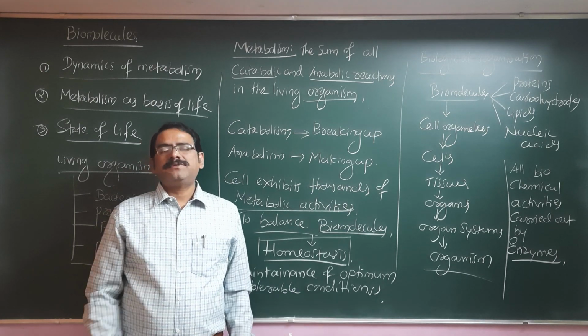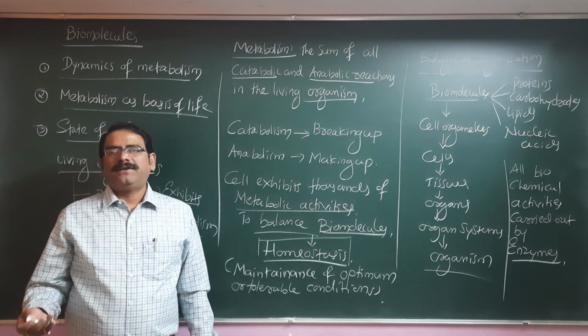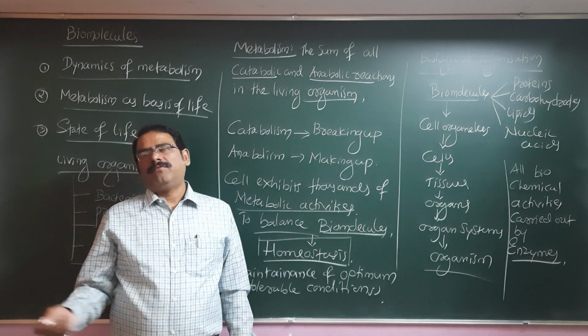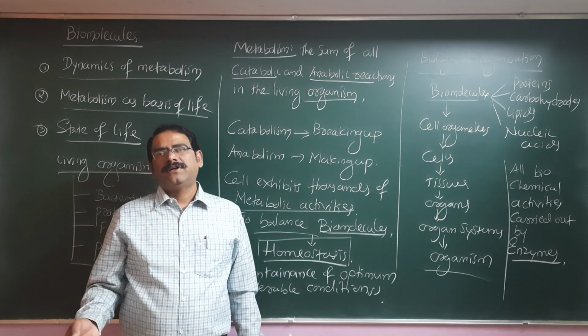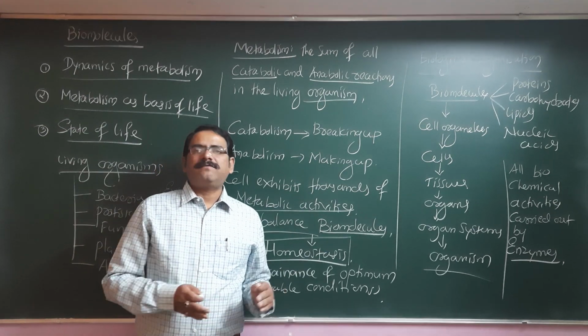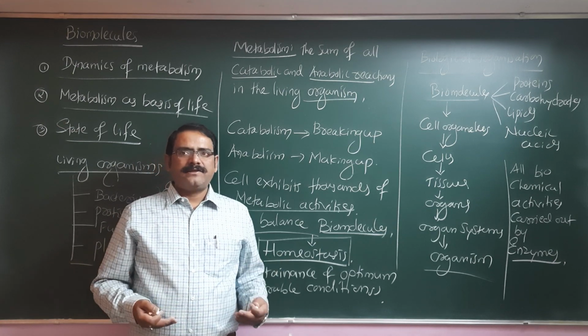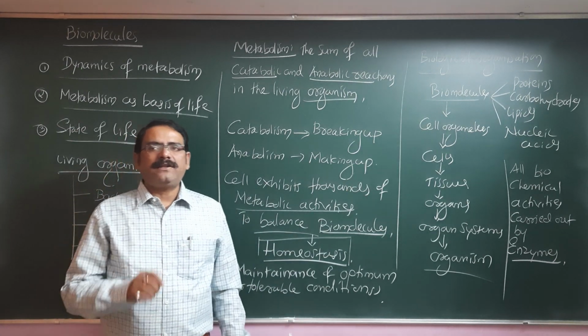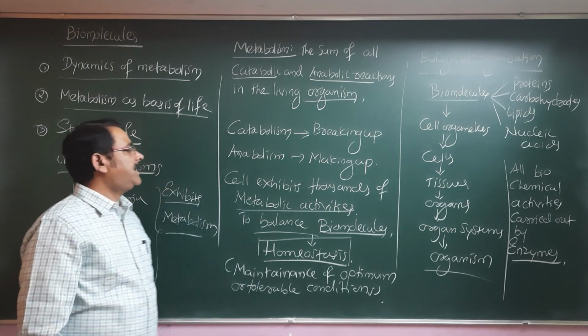Further, organisms form the population, populations may form the communities, communities may form the ecosystems, biomes, and like this the whole biosphere. So the entire existence of the biosphere and the organisms depends on the biomolecules and mainly the metabolism. That is what we call the dynamics of the metabolism.